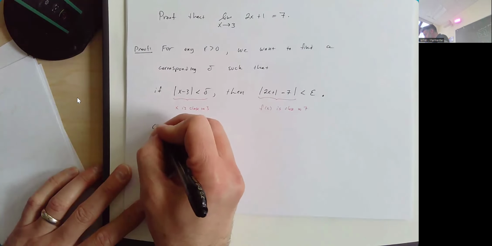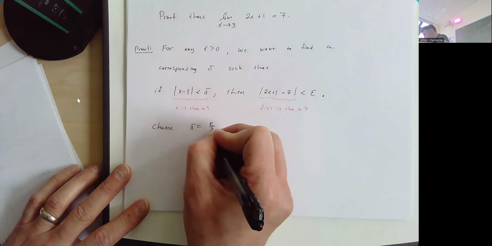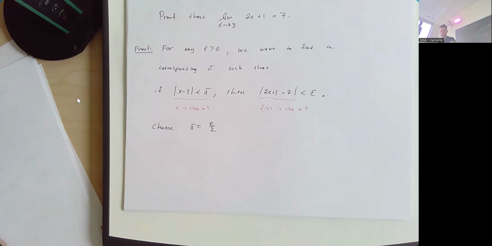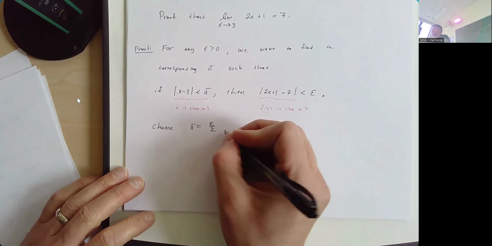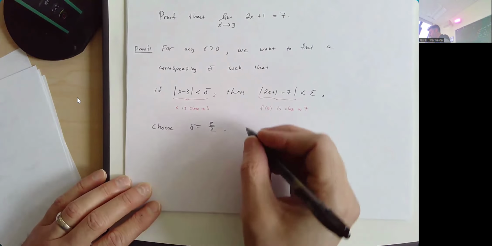So we're going to choose delta equal to epsilon over 2. Then depending on how much work you want to show, it's easier for ones like this that are linear. When they're non-linear, we often say, look at the work I did, and then we see the thing we did. But for now, I'm saying choose delta equal to epsilon over 2.